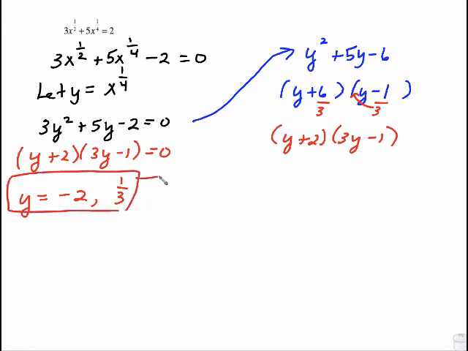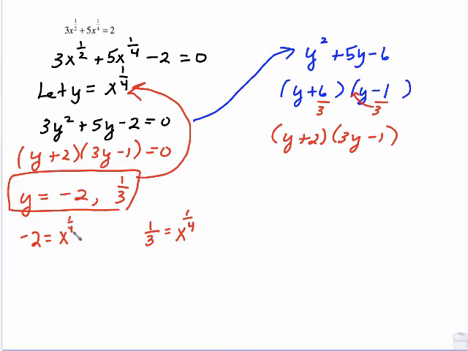I've now got to go back to this step and kind of unsubstitute, if you want to think about it that way. Put negative 2 in for y, and that equals x to the 1/4. Over here, you're going to put 1/3 in for y equal to x to the 1/4. Now, because this is x to the 1/4, we will raise it to the 4th power.